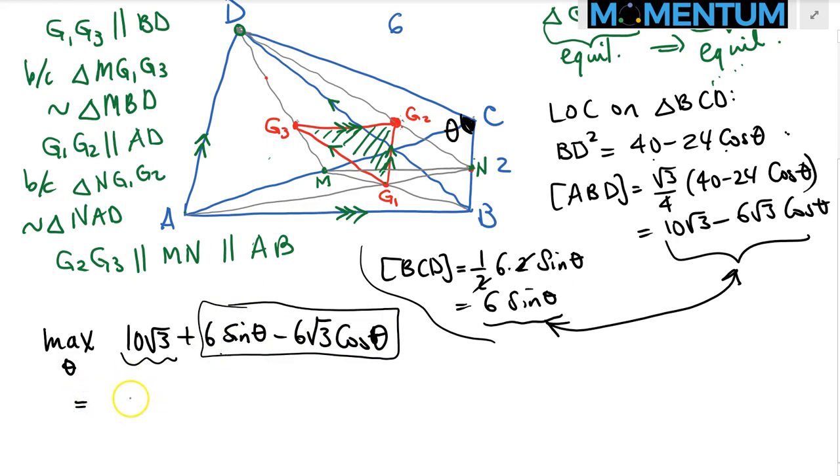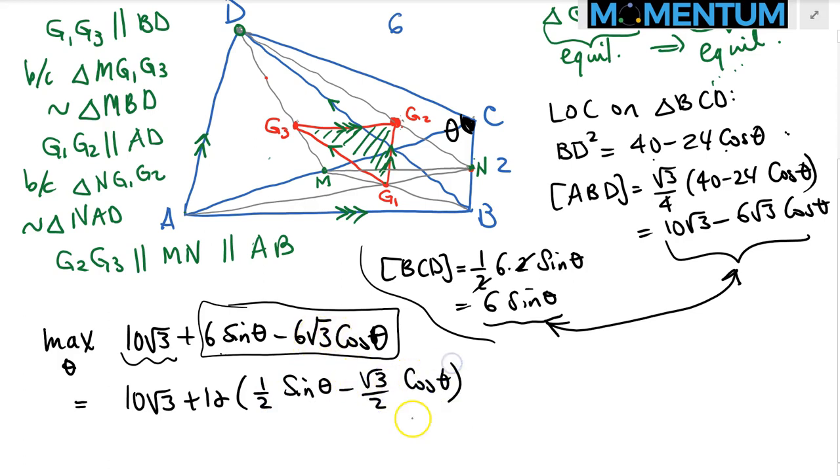So this thing is the same as 10 root 3 plus, factoring out the 12, we would be left with 1/2 sine of theta minus root 3 over 2 cosine of angle theta. Well, I can replace the 1/2 with cosine of 60 degrees and replace this one with sine of 60 degrees. So that just reduces to 10 root 3 plus 12.